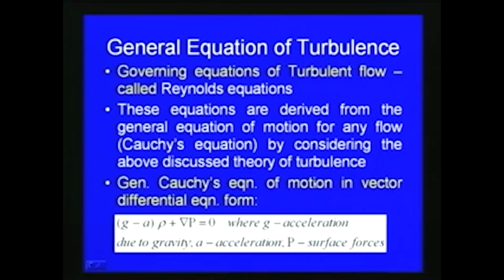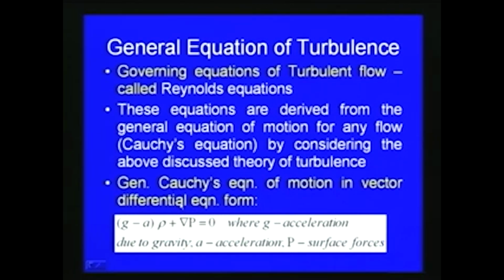The general Cauchy's equation of motion in vector differential form we can write as (g minus a) times rho plus del P is equal to 0, where g is the acceleration due to gravity, a is the other acceleration components, and capital P is the surface forces.